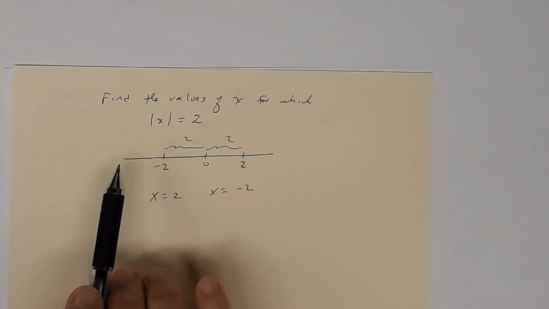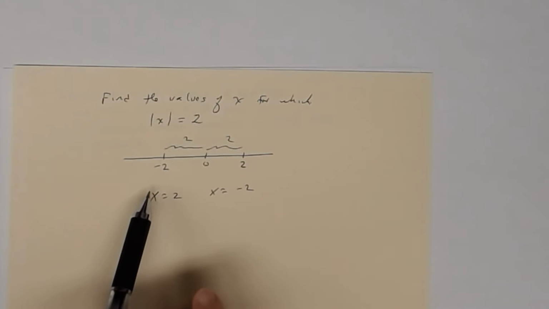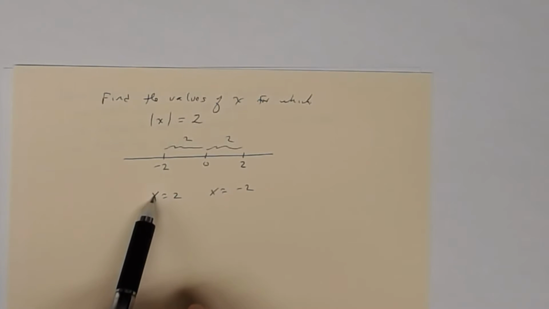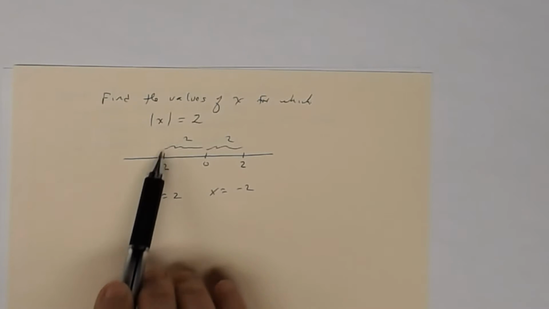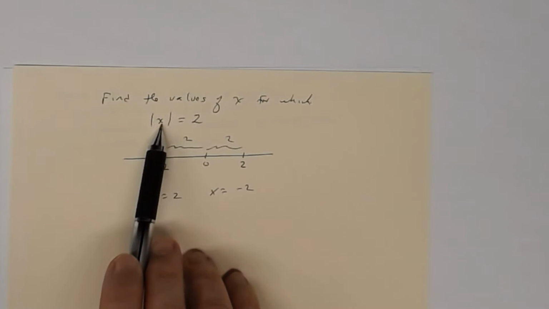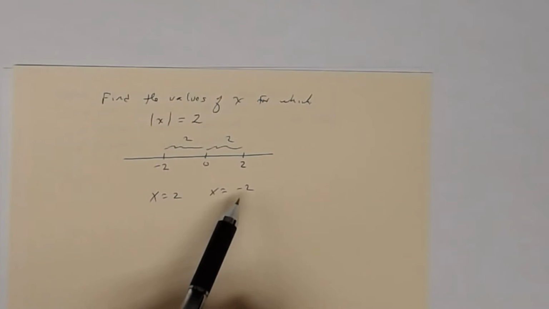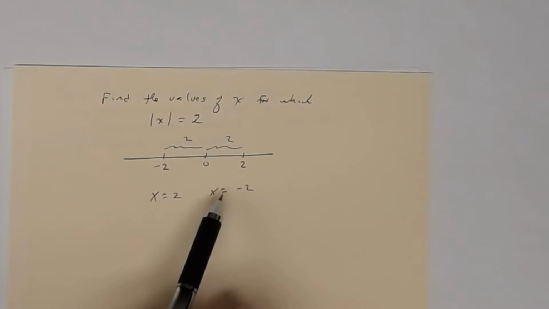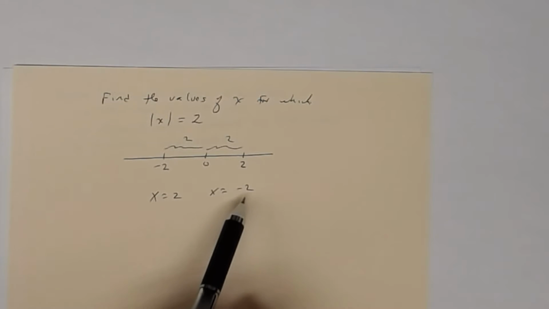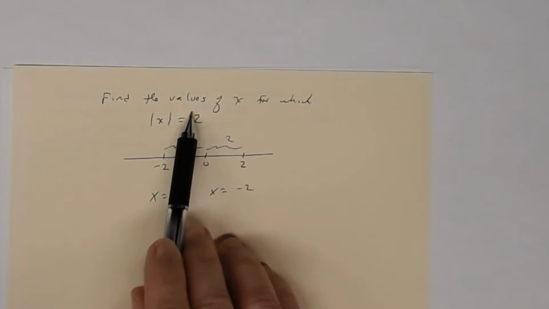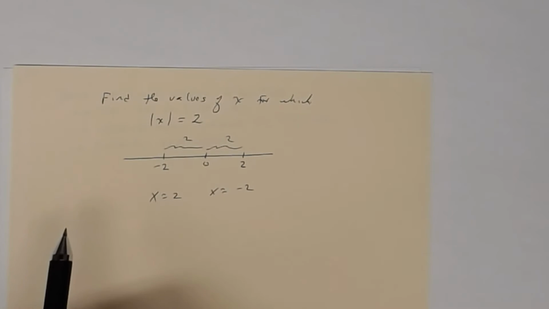Now, when solving these equations, it's a good idea to notice how we went from here to here very quickly. Notice that the variable expression on the left side of the equation is what's inside of the absolute value bars. And the numbers on the right side are opposites of each other, right? 2, -2. And the numbers you see here come from the number on the right side of the original absolute value equation.